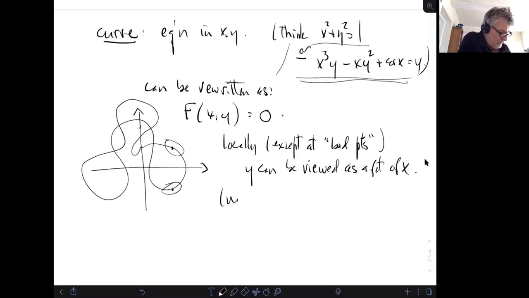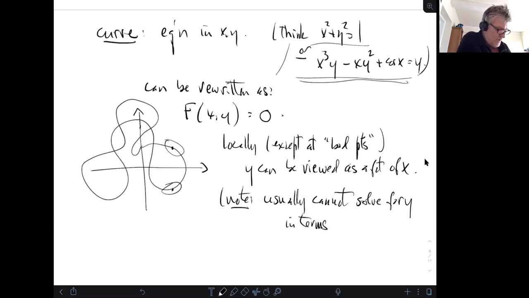So note, usually you cannot solve for y in terms of x. And we don't want to, okay? This is not something you want to try.